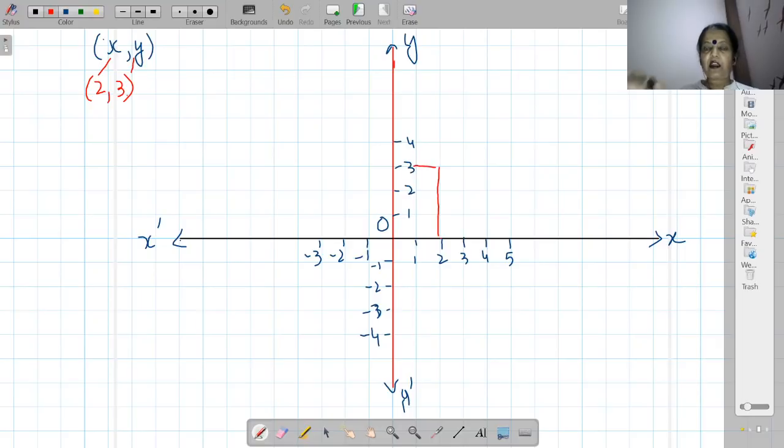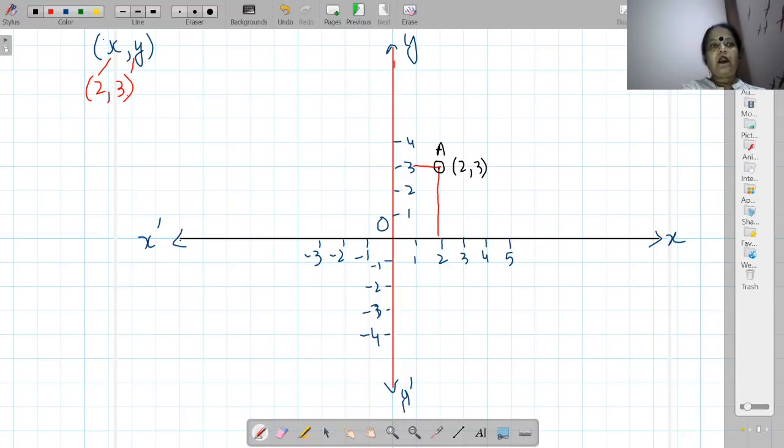Like this we will move. And wherever both the points intersect with each other, that point will be 2 and 3, or we can say these are the coordinates and you can name it as A or any other alphabet.